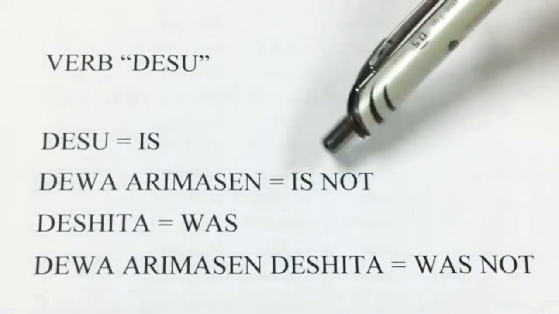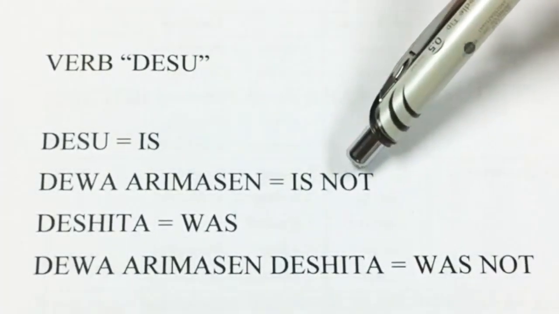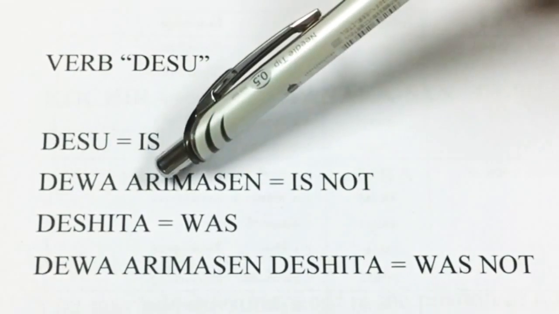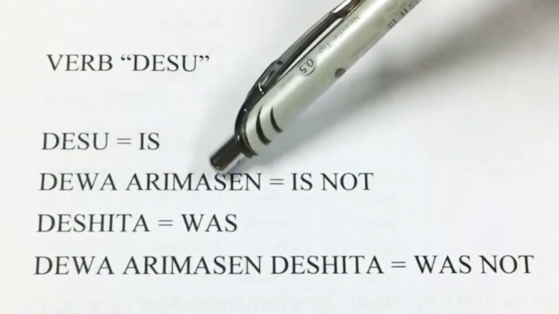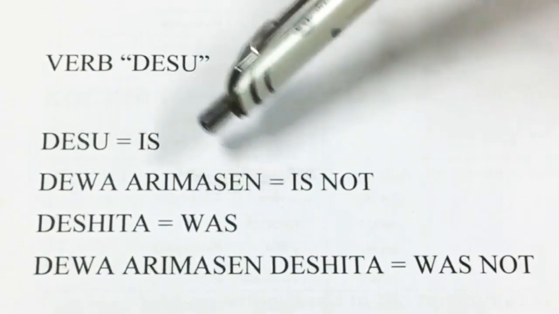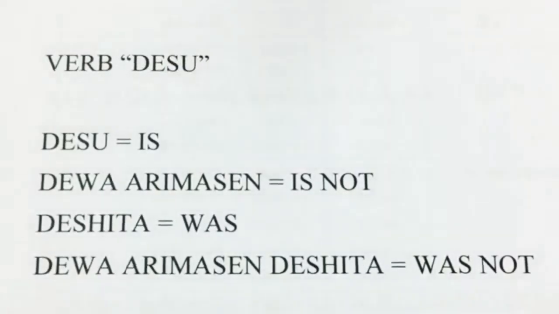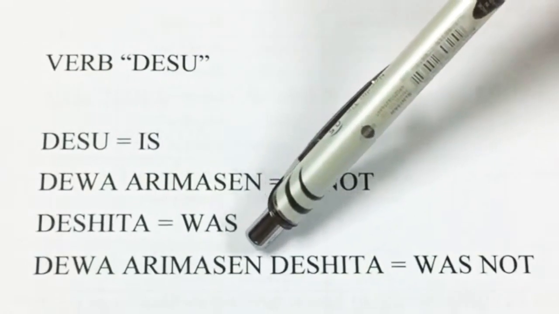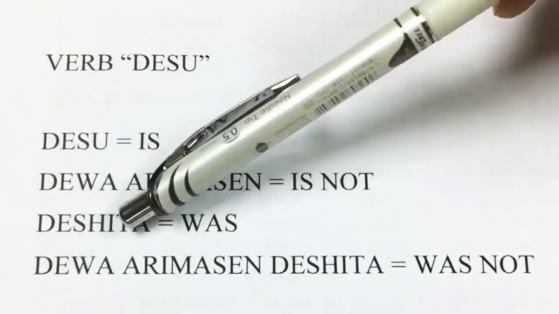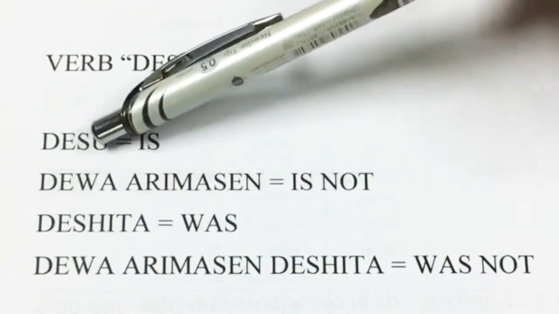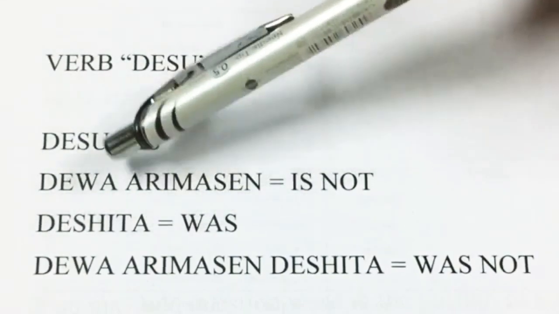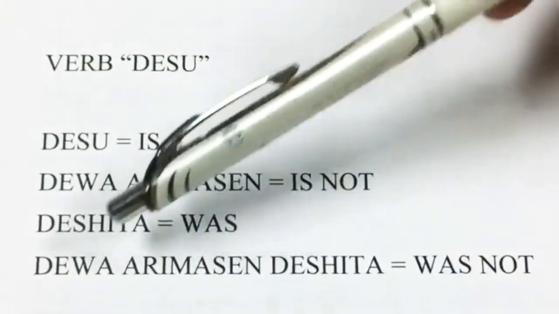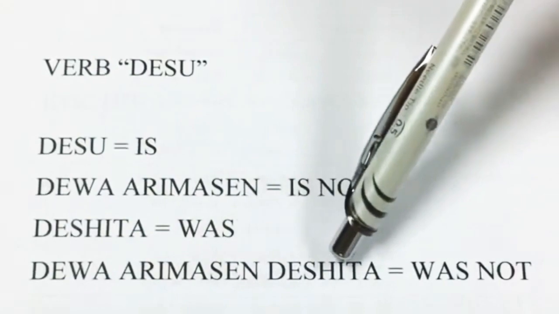If you want to make a sentence negative, you have to change this to dewa arimasen. Dewa arimasen is a negative form of this. And then if you want to change it into past tense, deshita is the past form of this. So you just change this to deshita. And the last form is dewa arimasen deshita.